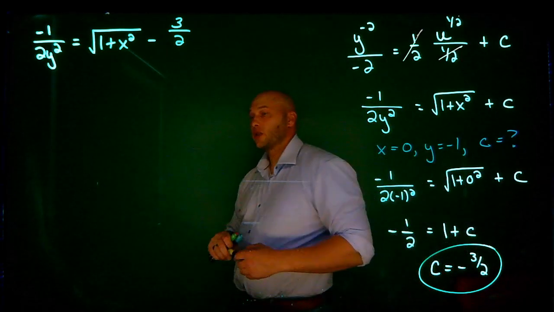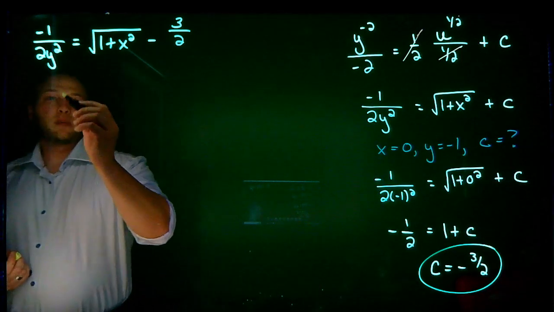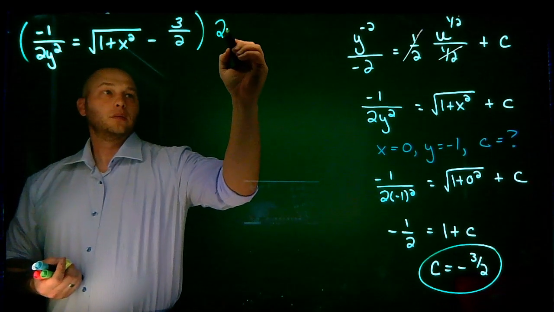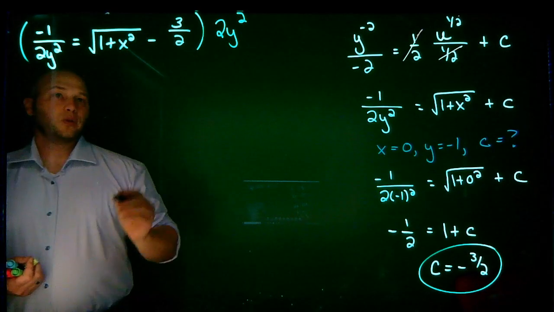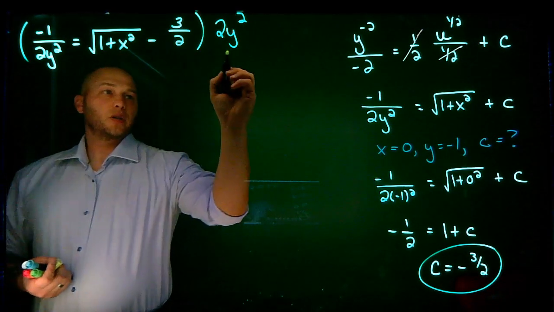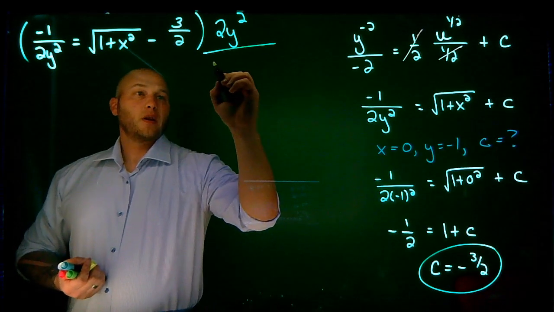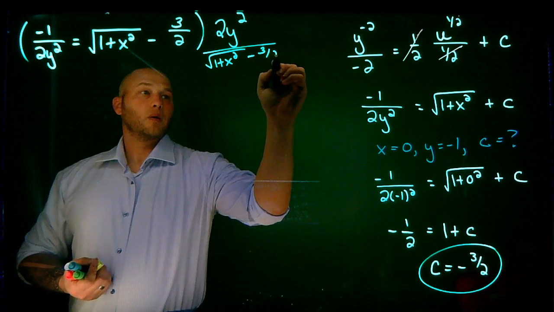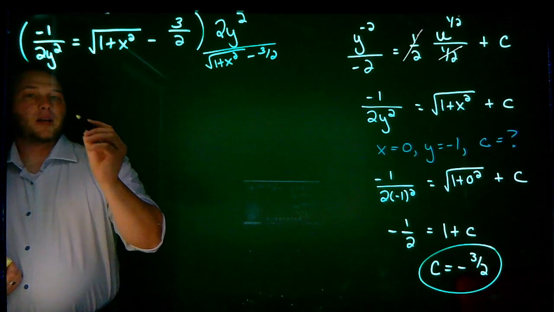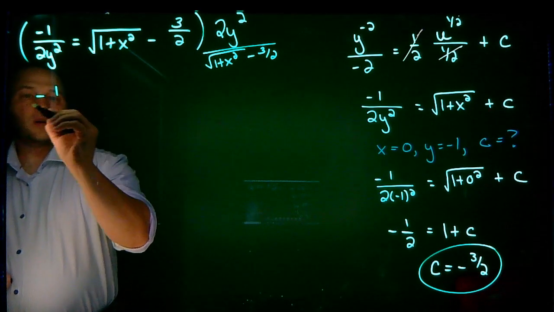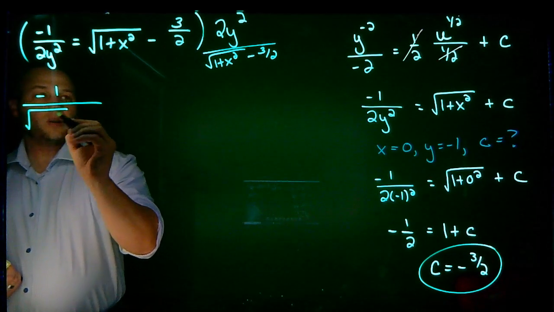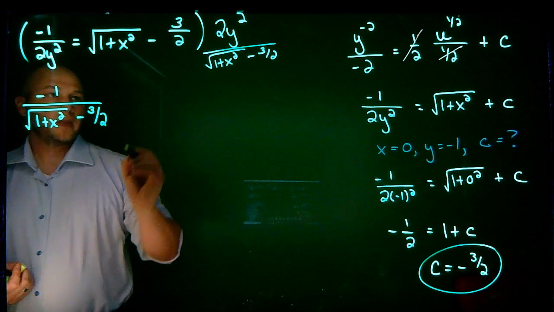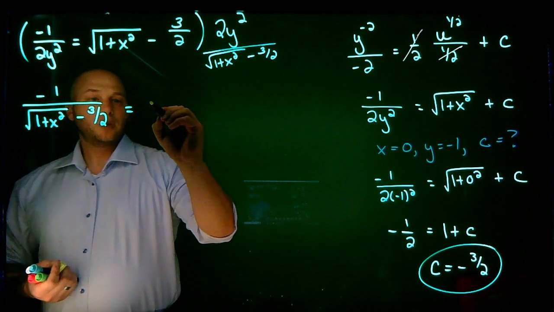Let's go ahead and solve this. Well, what I could do is multiply both sides by 2y squared. But then I could also divide by this expression that I have on the right, the square root of 1 plus x squared minus 3 halves. Divide that to both sides. Over on the left, I would get negative 1 over the square root of 1 plus x squared minus 3 halves is equal to 2y squared.